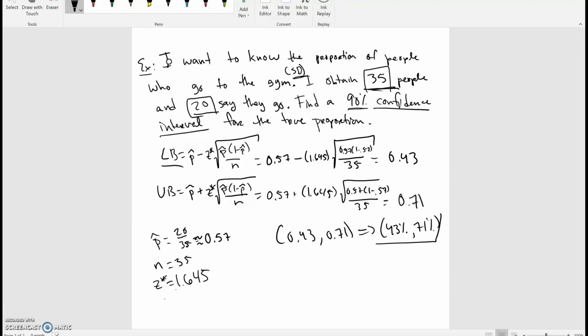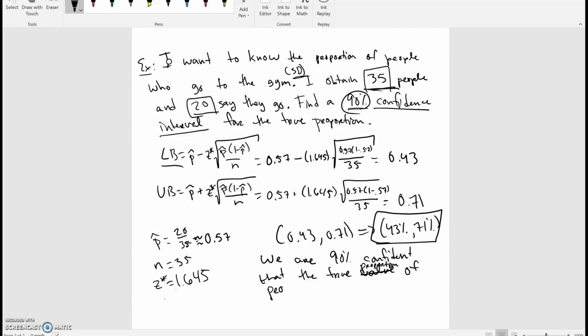So something to really know: what exactly does this interval mean? What this says is that we are how confident? 90% confident that the true proportion of people, in this case in San Diego, who go to the gym lies between what two numbers?